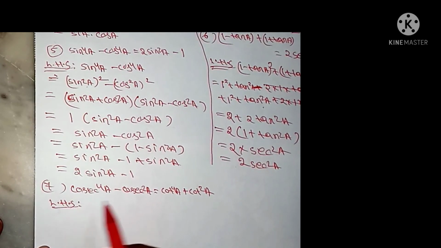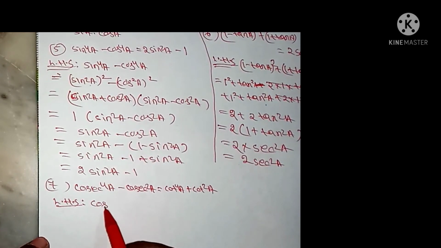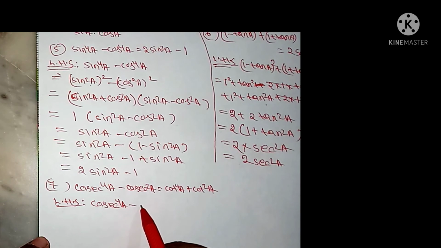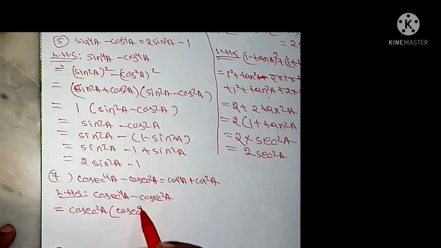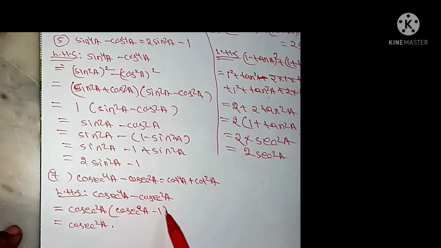LHS: cosec 4th a minus cosec square a equals, take cosec square a common, then the rest is cosec square a minus 1. Then cosec square a into cosec square a minus 1, which is equal to cot square a.